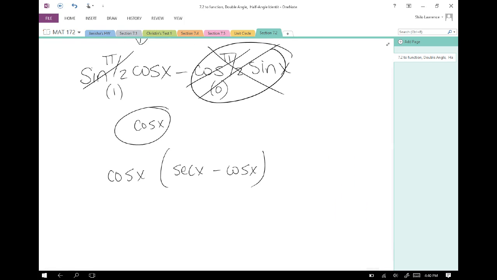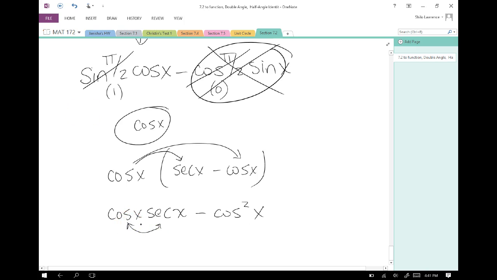So I'm going to do some algebra now. I'm just going to distribute. Cosine x times secant x minus cosine squared x. Okay, not too bad. I recognize something here. Cosine and secant are reciprocals of one another.